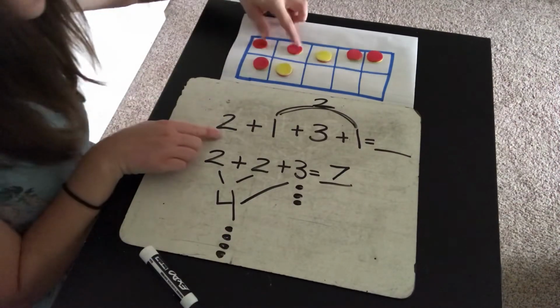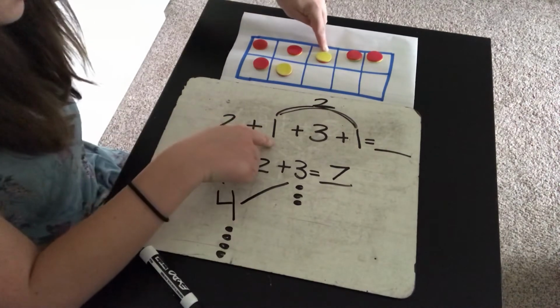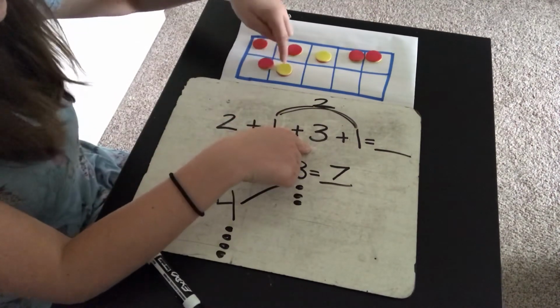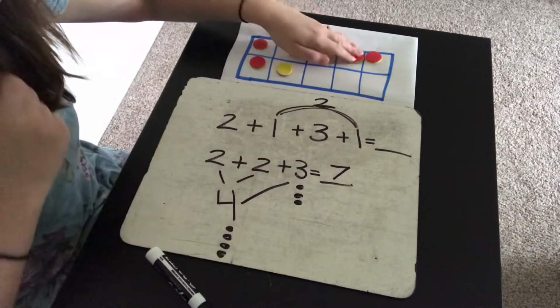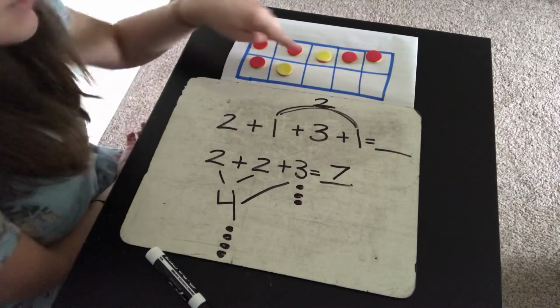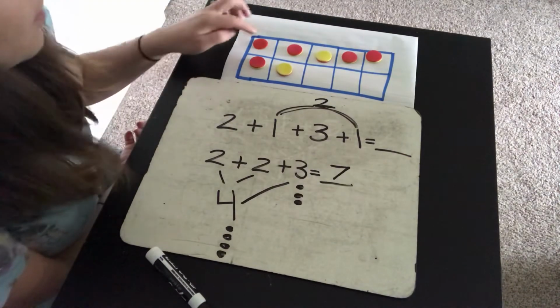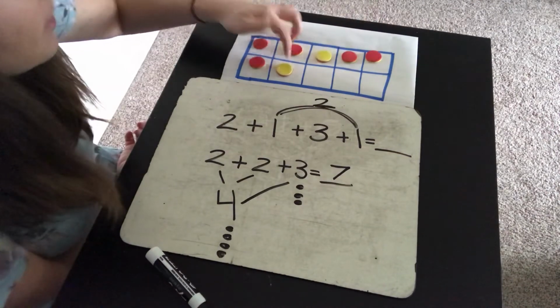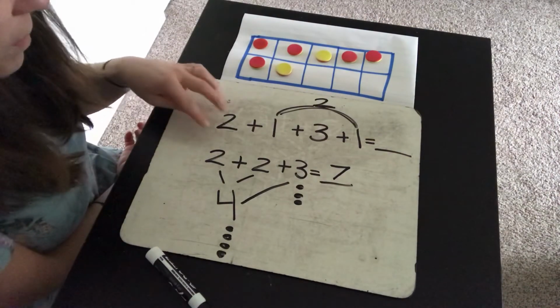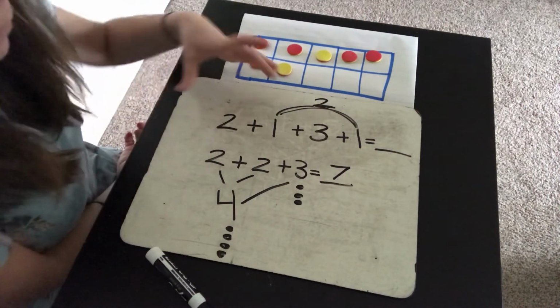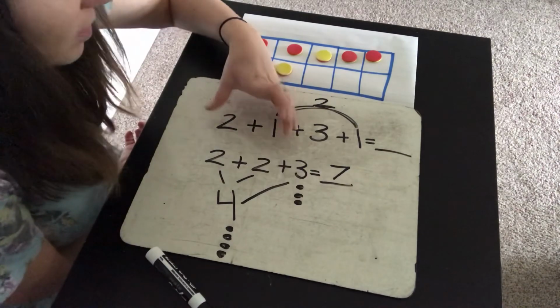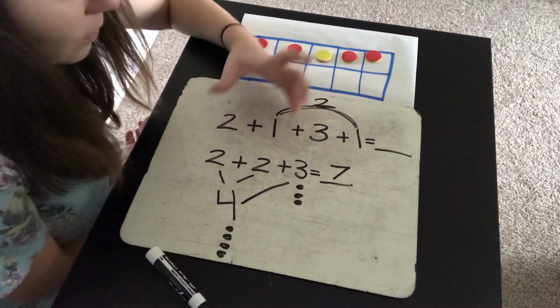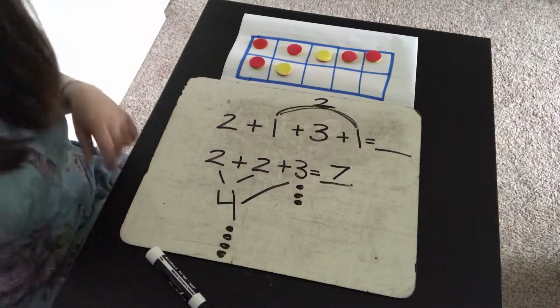So see, 2 plus 1 plus 3 plus 1 should equal 7. Is this 7 on my 10 frame? 1, 2, 3, 4, 5, 6, 7. It is. So we were able to find the correct answer by sticking with 2 of the add-ins first and then looking at the next group of add-ins.